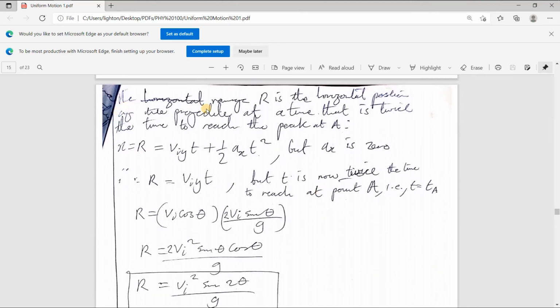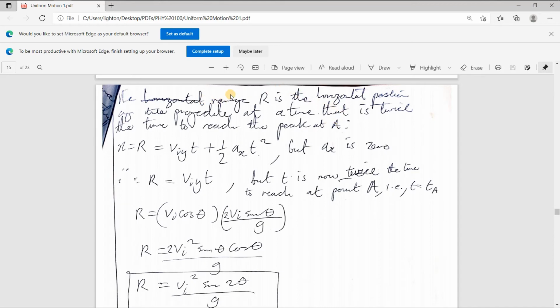Now, the range R is the horizontal position. So the range is the horizontal position of a projectile at a time that is twice the time to reach the peak at A. So what do we mean here?